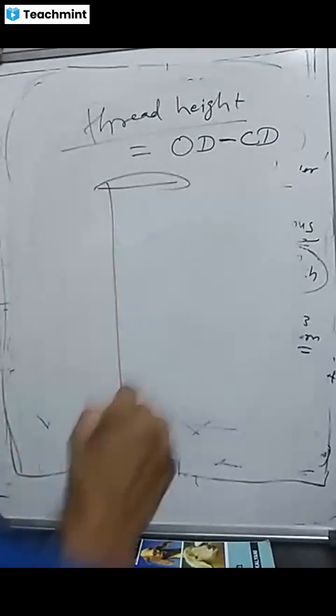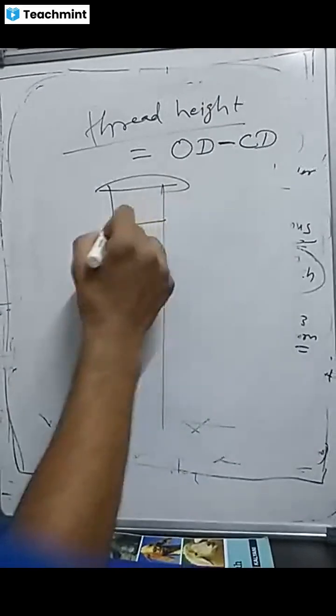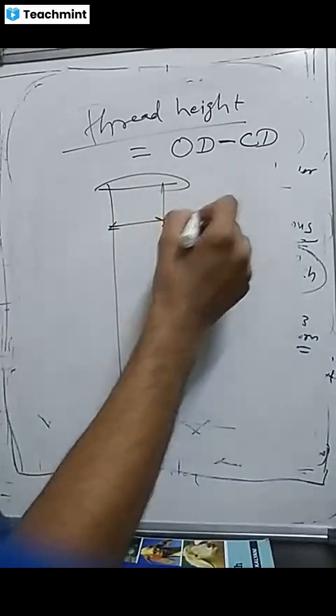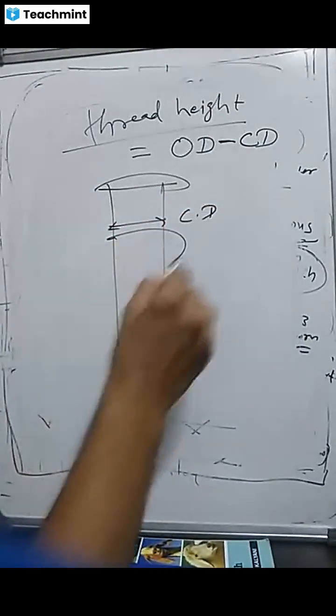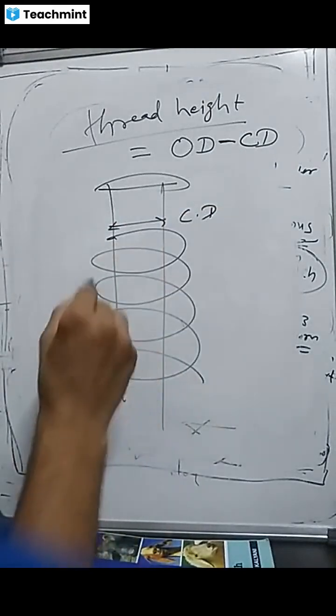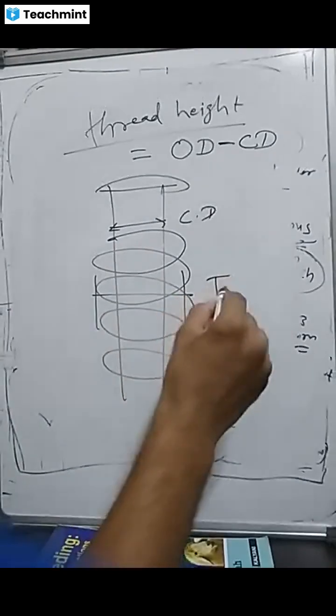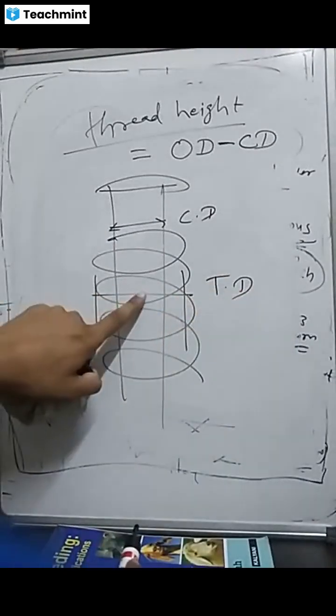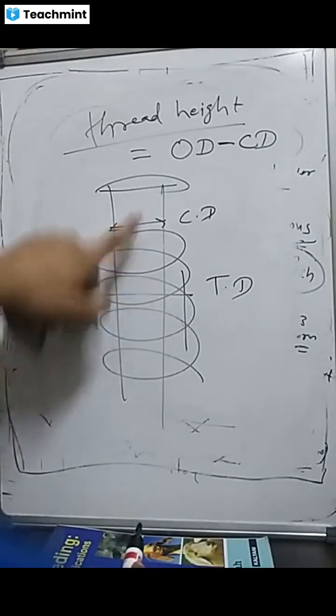This is the screw, this is the core diameter, and this is the thread diameter. The difference between these is the thread height.